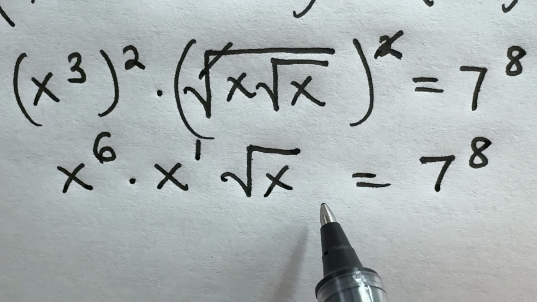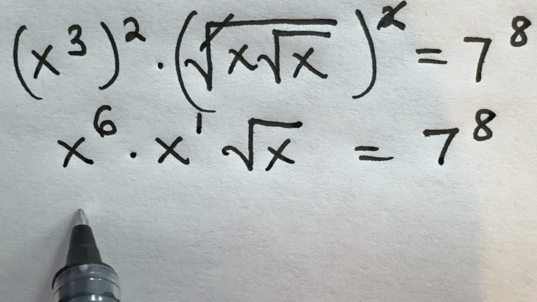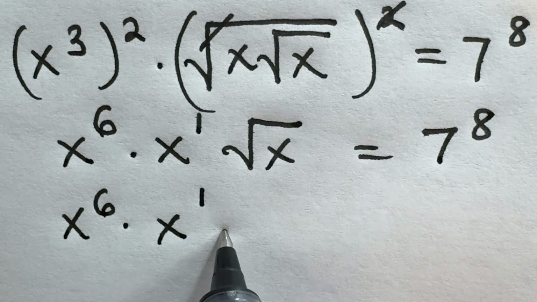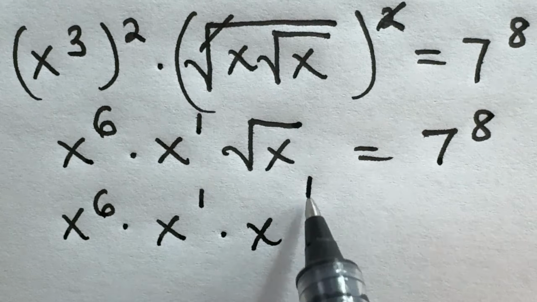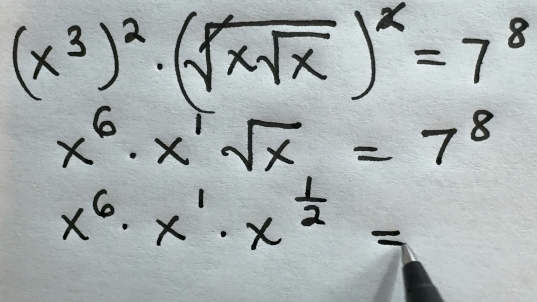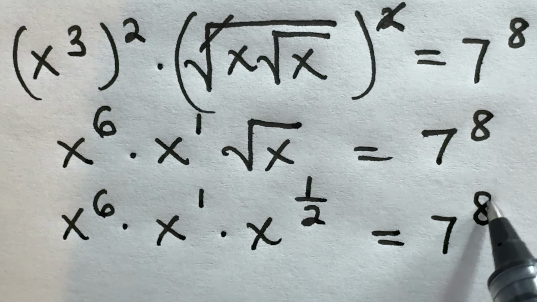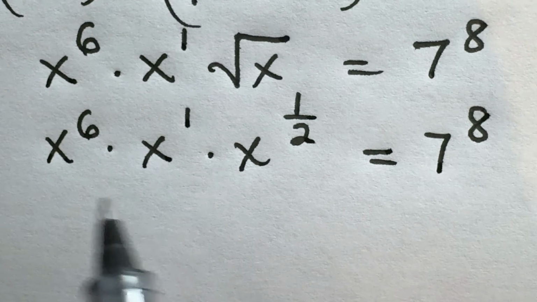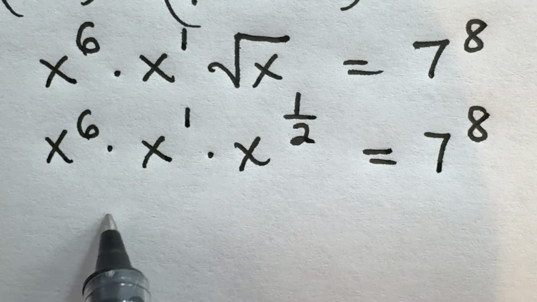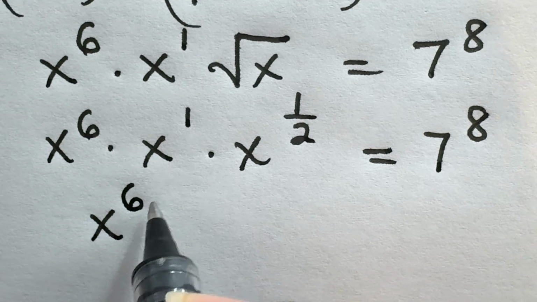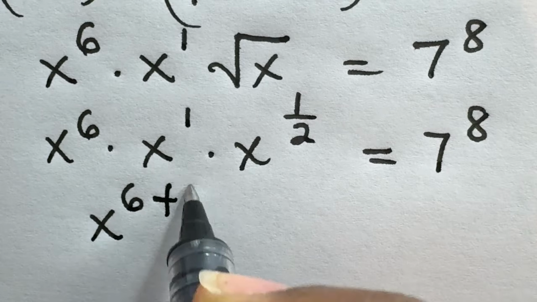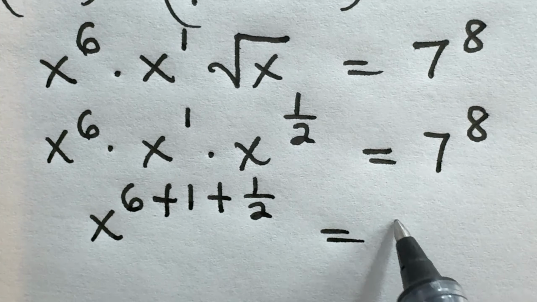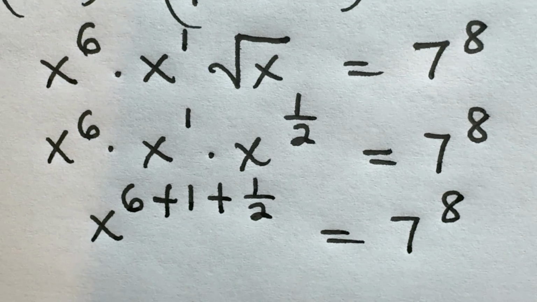At this point, this is x raised to power 6, this is x raised to power 1, and this is x raised to power 1 over 2 equal to 7 raised to power 8. And by law of indices, we can combine all of this to give us x raised to power 6 plus 1 plus 1 over 2 is equal to 7 raised to power 8.